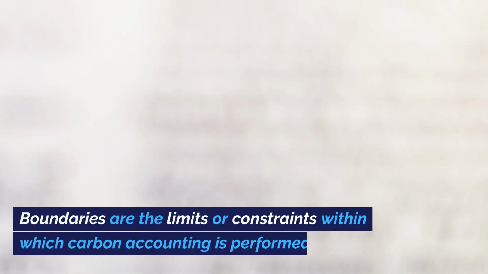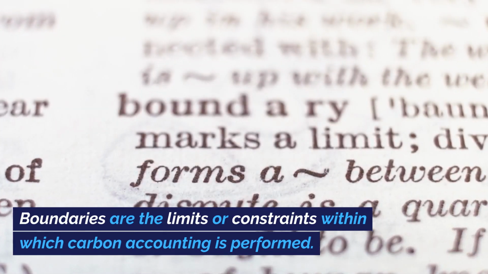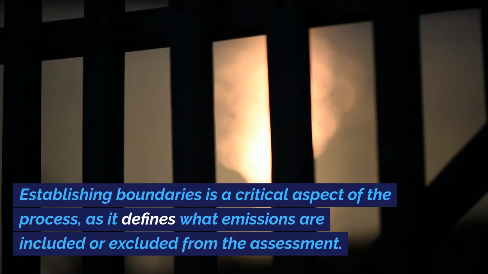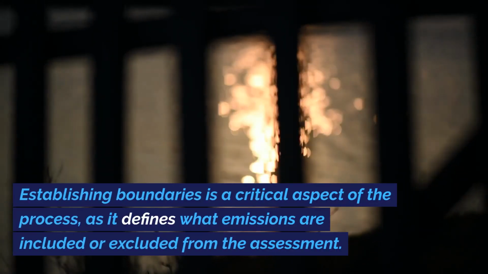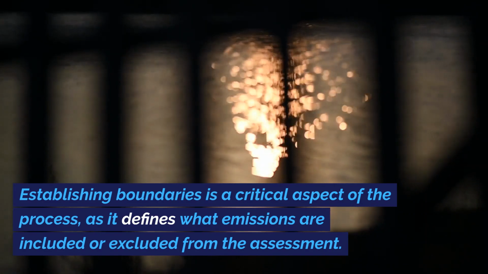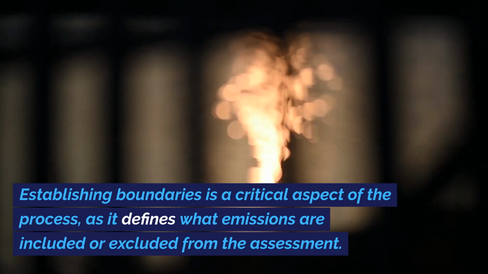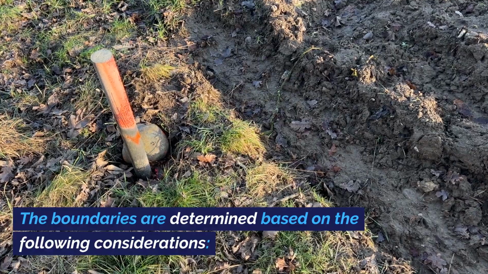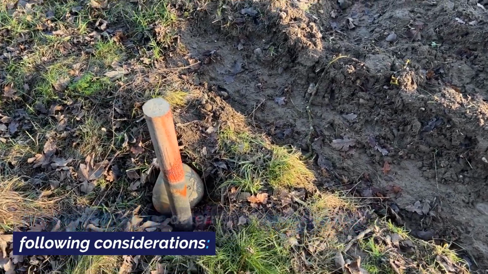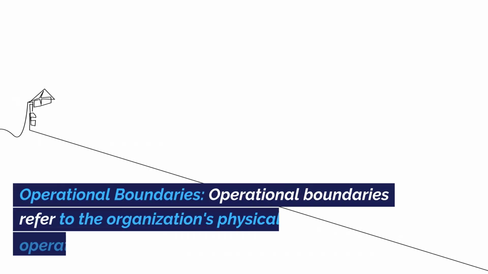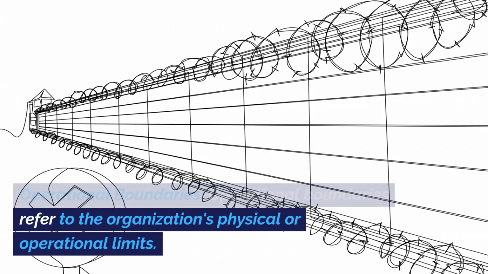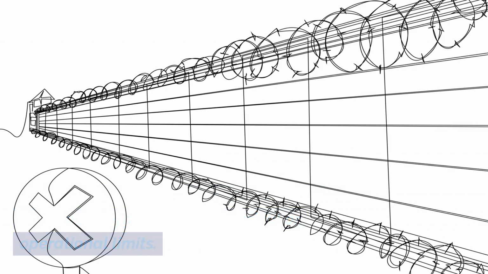Boundaries are the limits or constraints within which carbon accounting is performed. Establishing boundaries is a critical aspect of the process, as it defines what emissions are included and what are excluded from the assessment. The boundaries are determined based on the following considerations. There are operational boundaries. Operational boundaries refer to the organization's physical operation limits.